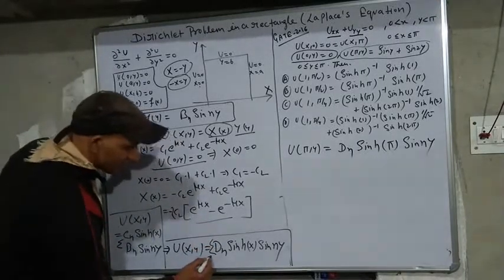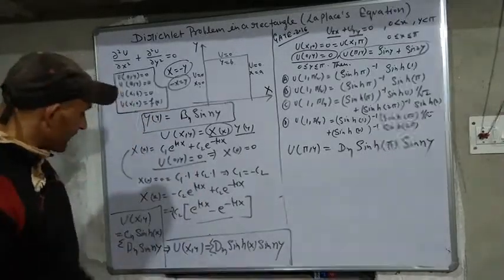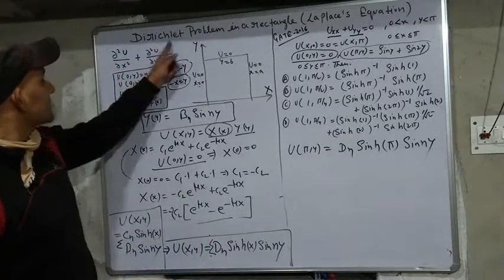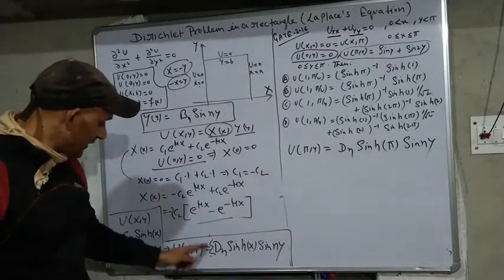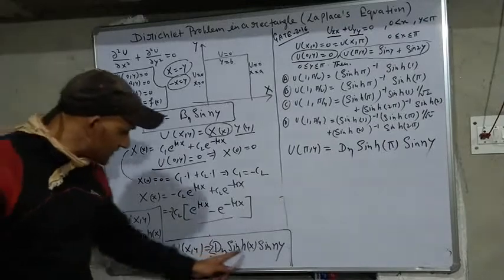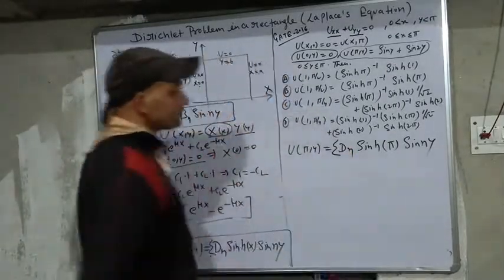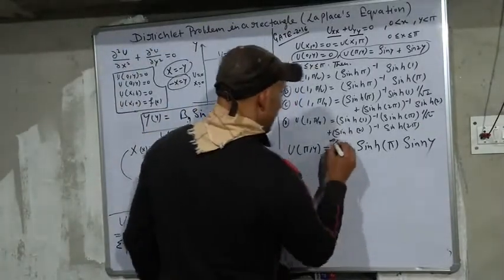This summation is working from 1 to infinity, or 1 to n you can write. Because this is a Dirichlet problem, mainly we write n is equal to 1 to infinity. So this is the summation. Or n is equal to 0 to infinity, it is working.